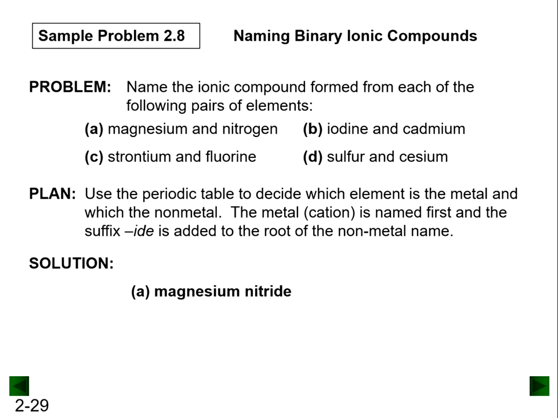So I'll have magnesium nitride, and the formula will be Mg3N2. Iodine and cadmium. Cadmium is +2. Cadmium iodide, that's a case where there's only one charge state. Strontium and fluorine, likewise. Strontium fluoride, and sulfur and cesium.